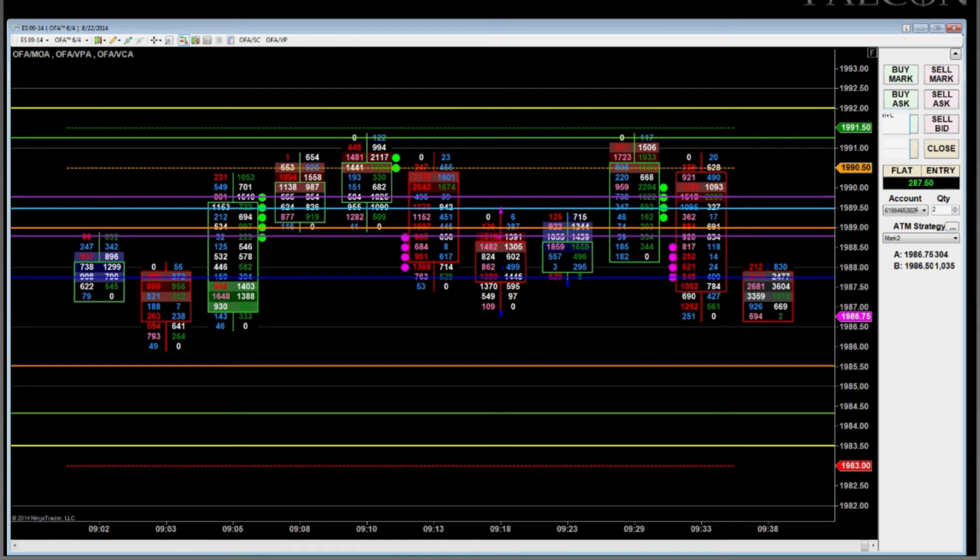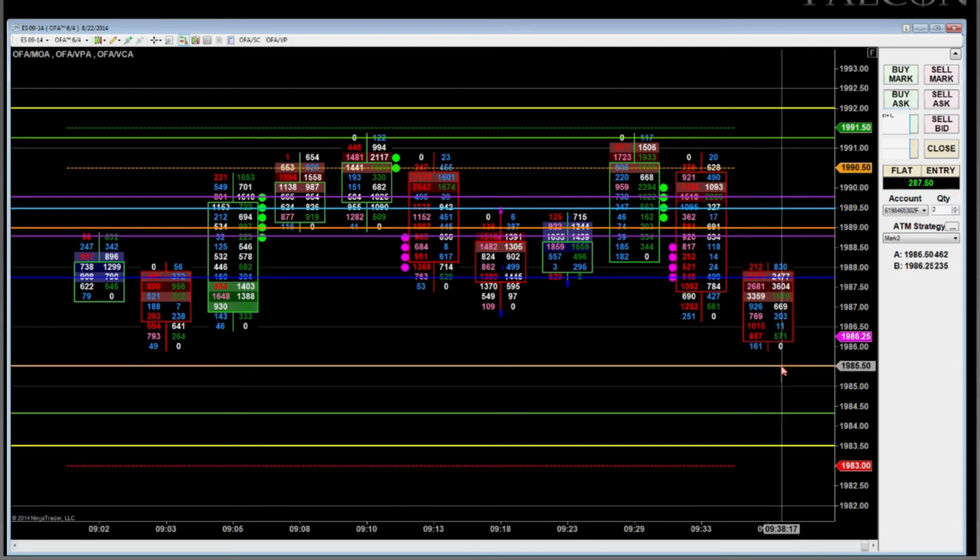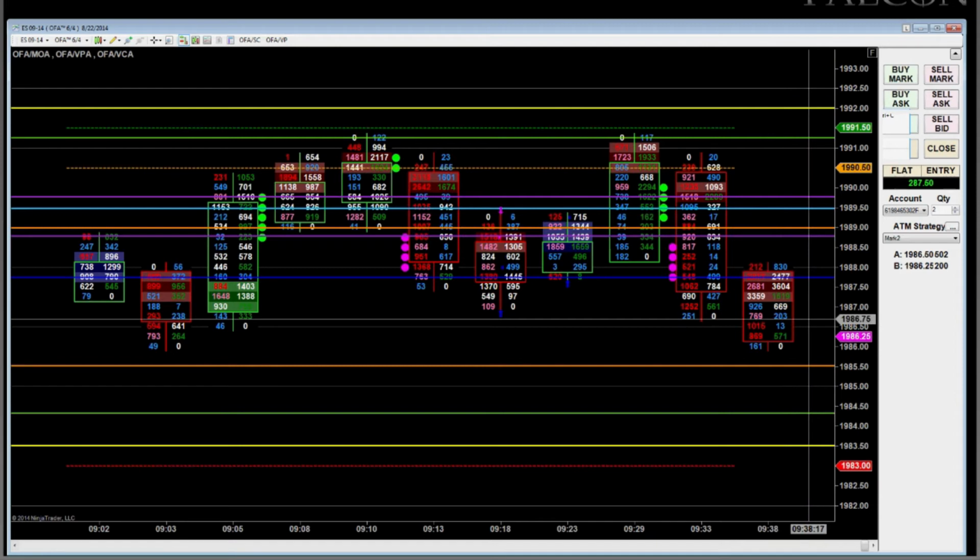Yeah, there's that low volume area at 87, though it's filling in. What I'm interested to see is if we get a little bit of a stop run down below this area, down to opening swing low here, 85.50.